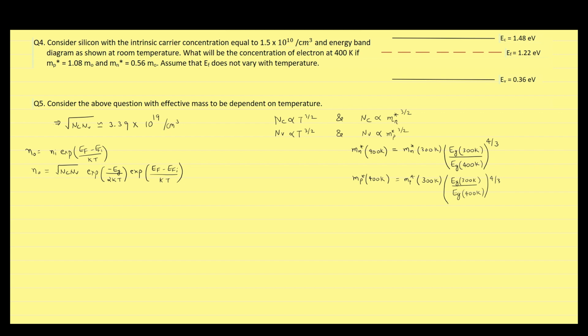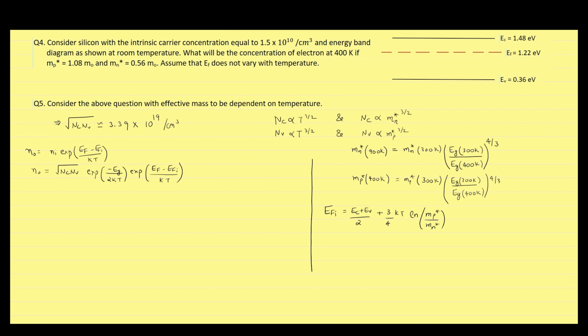Now you know that band gap energy does not depend upon the effective mass, and it is also provided that EF remains constant, but we have the intrinsic Fermi energy level EFi which does depend upon the effective mass. The intrinsic Fermi energy level is given as EC plus EV by 2 plus 3 upon 4 kT into natural logarithm of effective mass of hole divided by effective mass of electron.